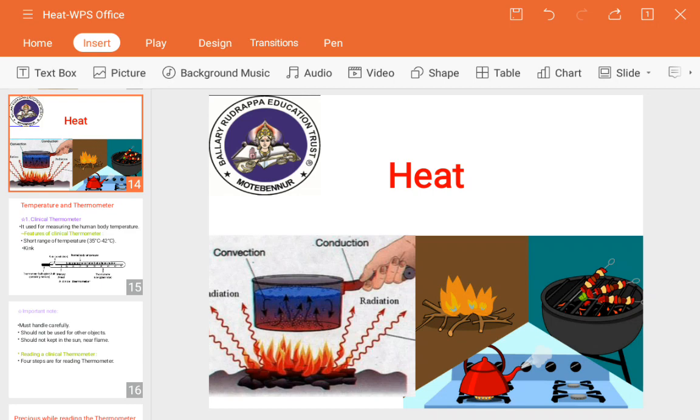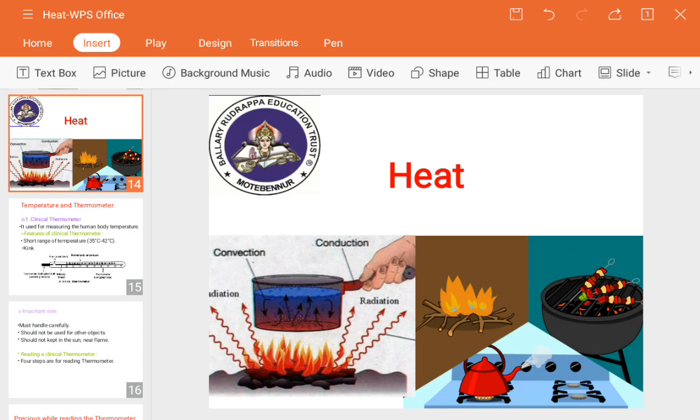The thermometers are classified according to where they actually get used, for different purposes. For example, for the clinical purpose, meaning in the hospitals. Such a thermometer is called a clinical thermometer.